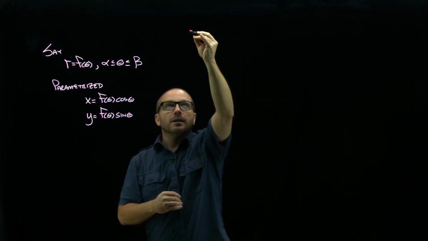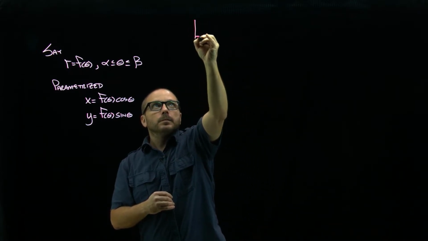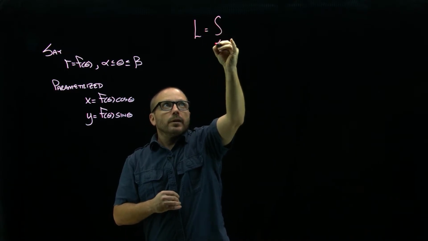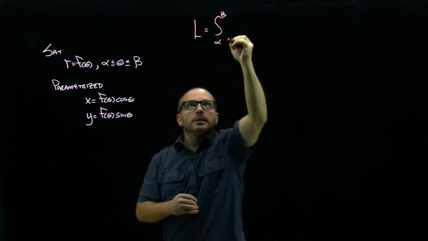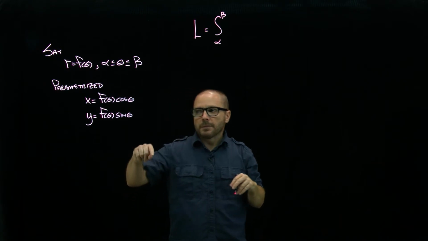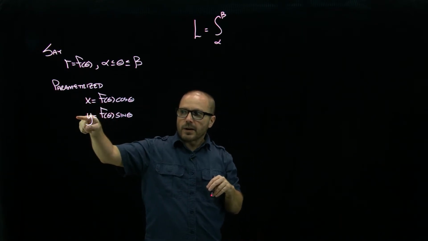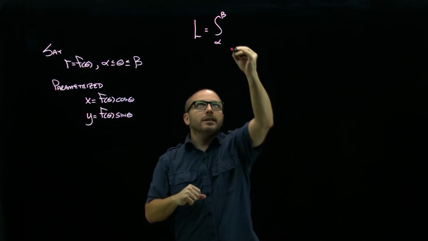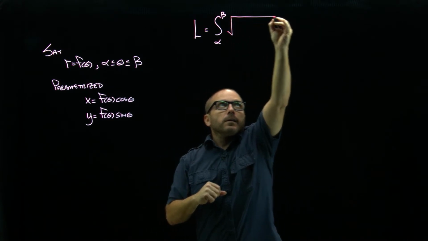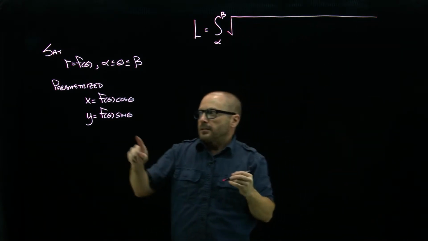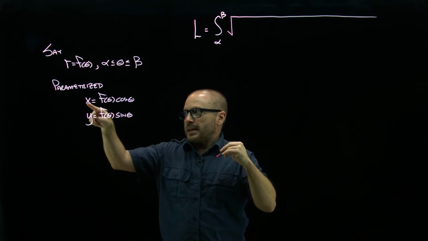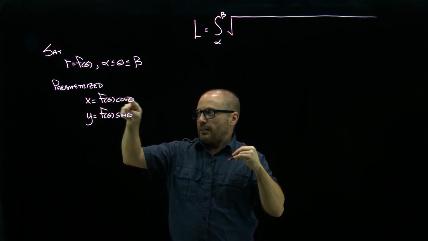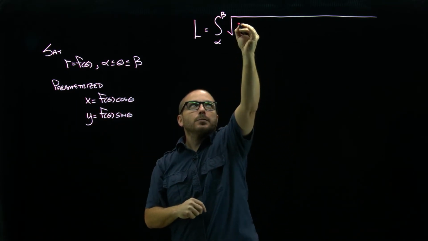So we know that for a parametric, it would be the square root of dx d theta squared plus dy d theta squared. And so when we take the derivative of x with respect to theta, that requires product rule.